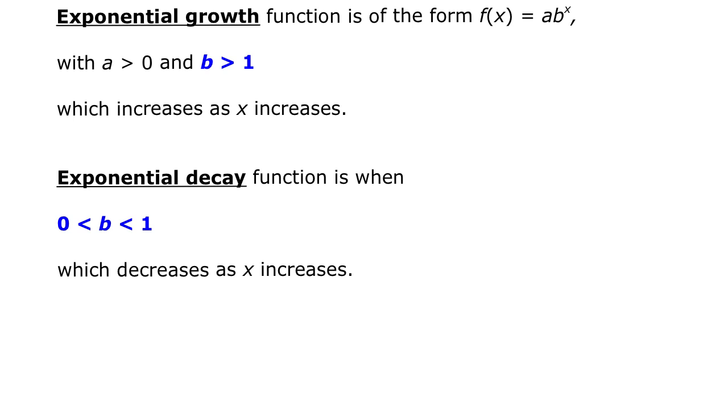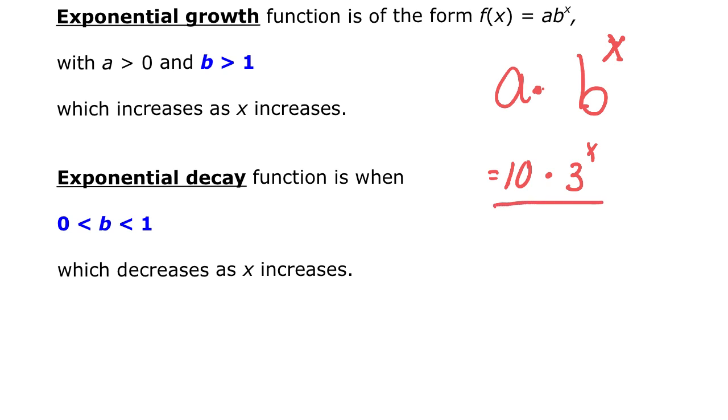Now, a couple other items of note. If you're dealing with a function that has a number a times this exponential, or a times b to the x, it could look like 10 times 3 to the x. We know some things just by looking at the equation.